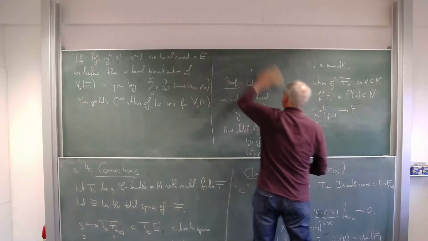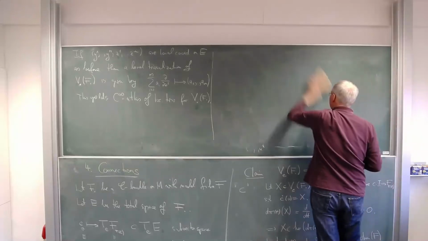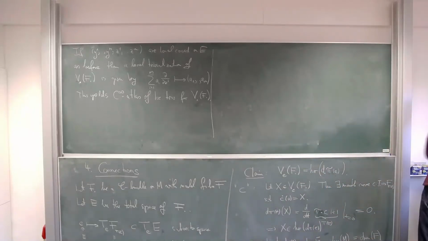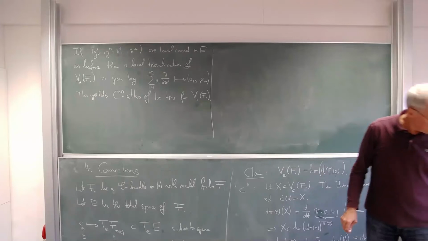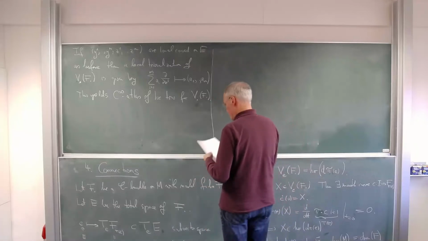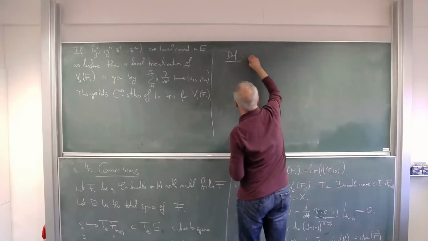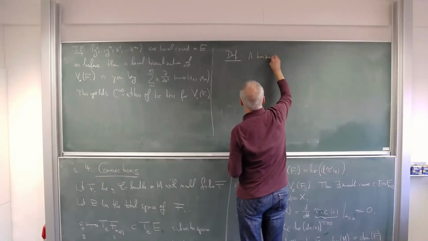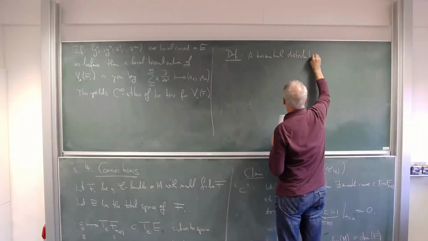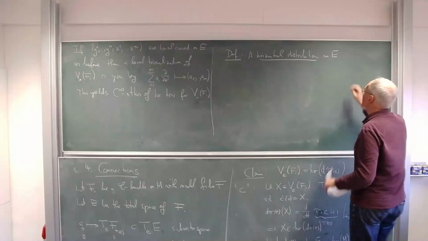So that's the vertical bundle. Now, the interesting thing would be a horizontal bundle, a complement for this. There is no canonical horizontal bundle, so we have to turn this basically into a definition. And so the definition is now a horizontal distribution, as it's called, on E, is a bundle.